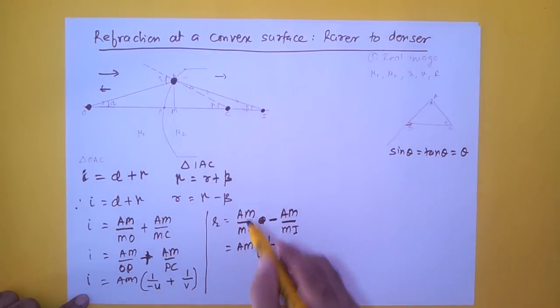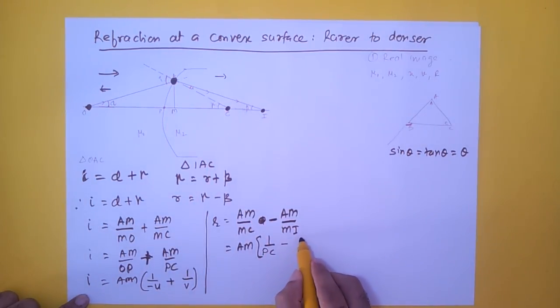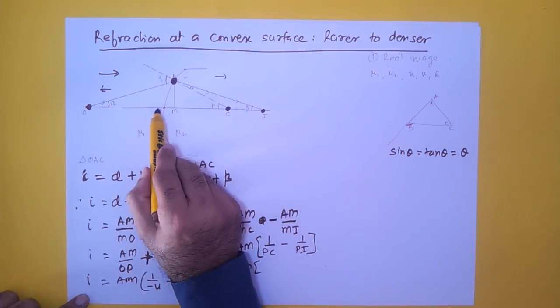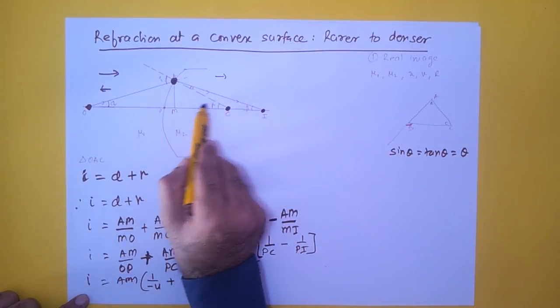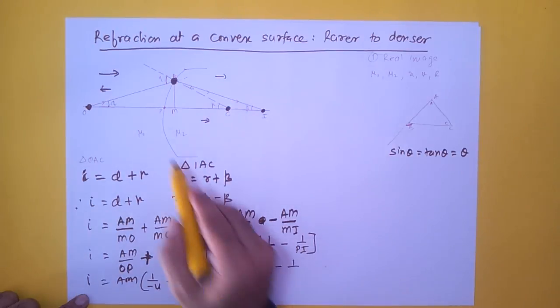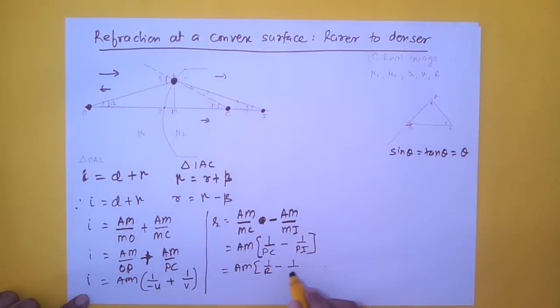Now MC can be taken as PC, minus 1 upon MI can be taken as PI. What is PC? PC is R, right? And what is the direction of R? From P it is going in this direction, same as the direction of the ray of incidence. So 1 upon R minus 1 upon PI. PI is in this same direction, and that is the distance of image, so positive sign, 1 upon v.